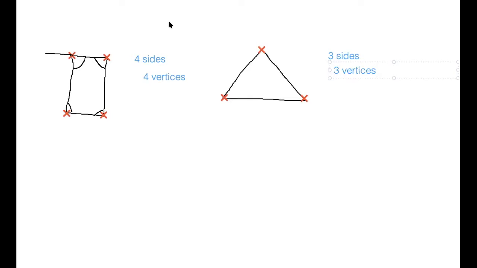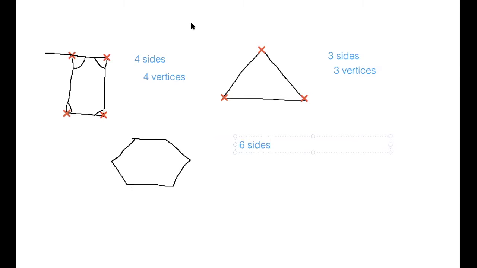Now let's try another. What about this shape? Without even naming the shape, let's see how many sides this shape has. We have 1, 2, 3, 4, 5, 6. So there are 6 sides.